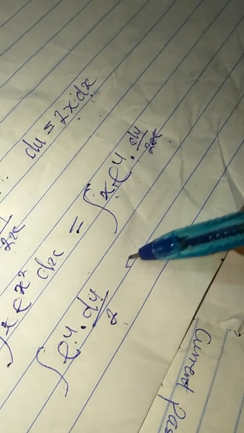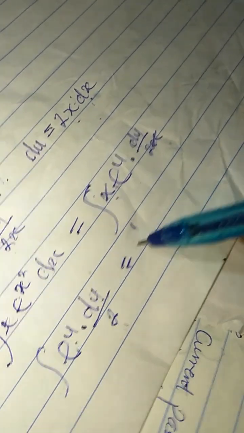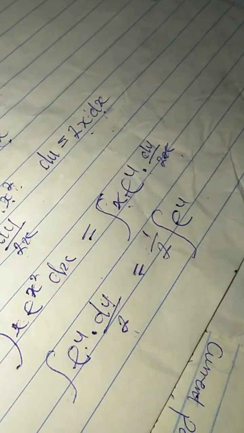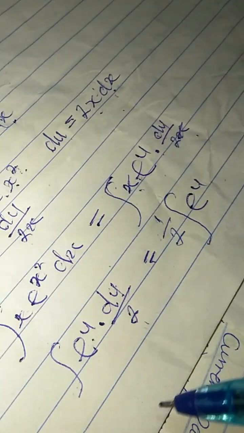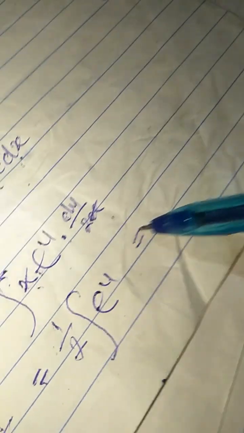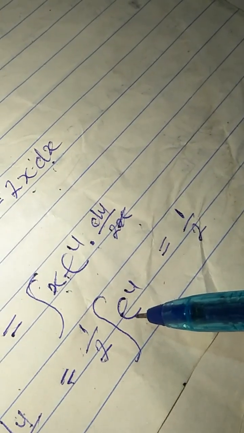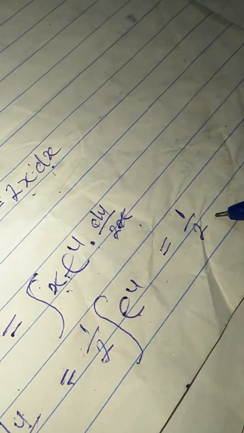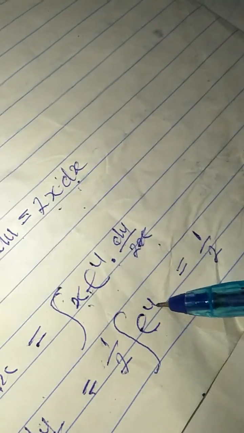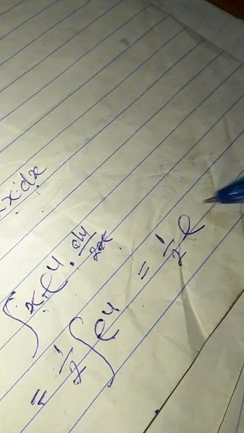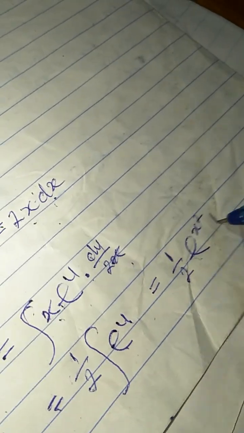So this will be equal to 1 over 2 times the integral of e^u, which is 1 over 2 multiplied by e^u. Now putting back the value of u, which is x squared, this will give me 1 over 2 e^(x squared) plus c.